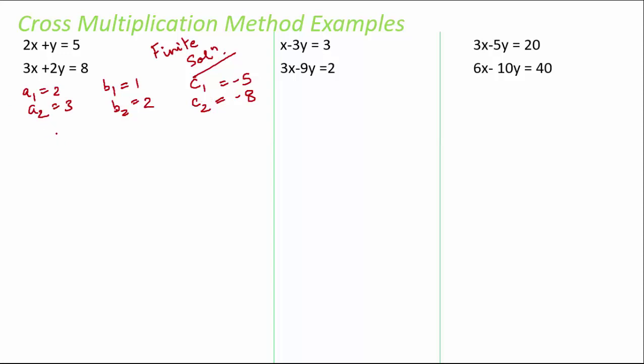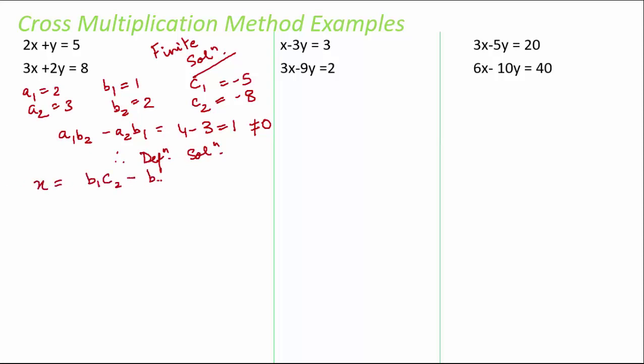Now let us find out the value of a1 b2 minus a2 b1. That comes out to be 4 minus 3 is equal to 1, which is not equal to 0. So therefore this equation has a definite solution or finite solution. So the value of x will be equal to b1 c2 minus b2 c1 divided by a1 b2 minus a2 b1, which is 1.